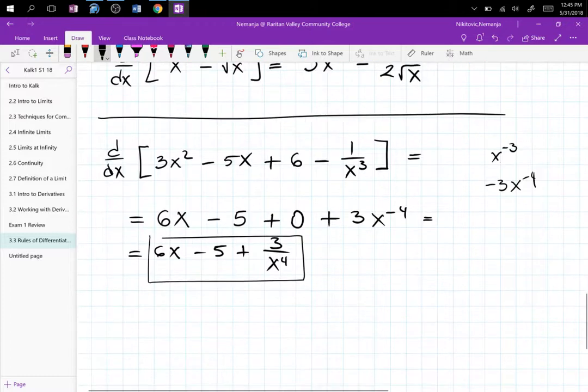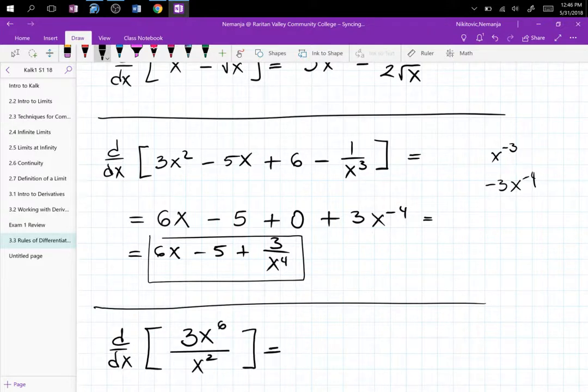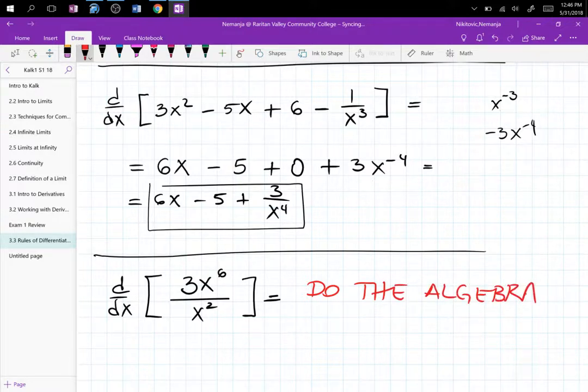So say that you have the derivative of 3x to the 6 divided by x squared. Let me write here in blood. Do the algebra. Combine x's, okay?